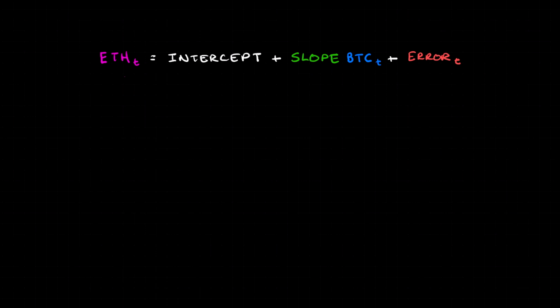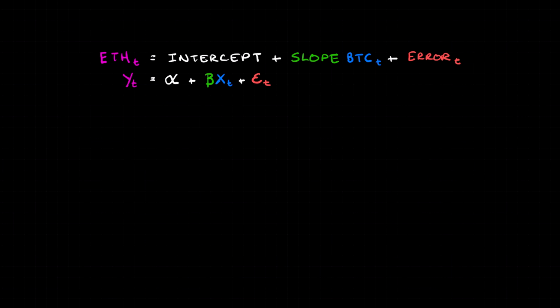So let's just write this as y at time t, which is Ethereum, is equal to the intercept, which we'll call alpha, plus beta times x as of time t, plus we'll use the term epsilon, so this symbol here, epsilon, to represent the error.